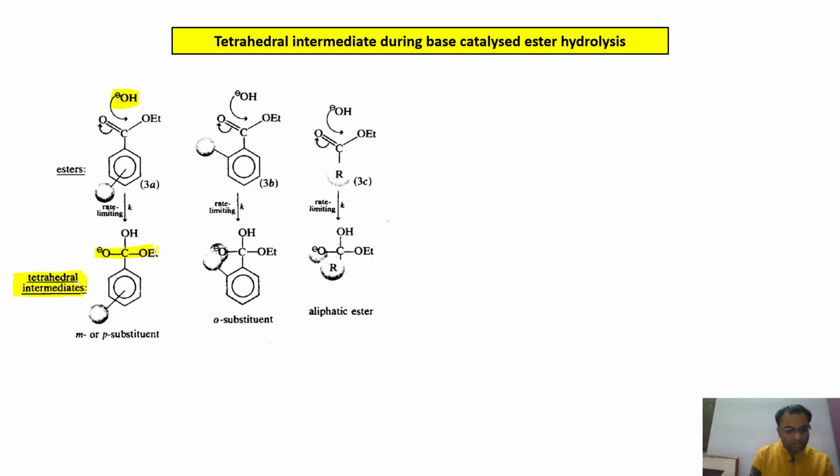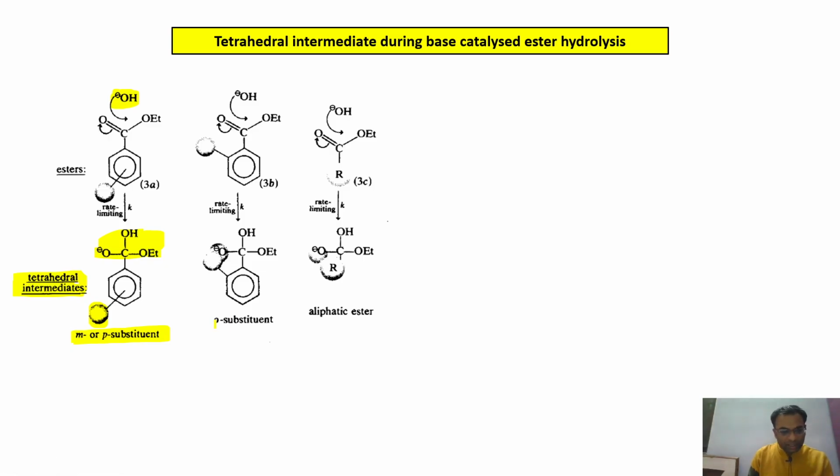When this tetrahedral intermediate is formed, in the case of meta and para substituted benzoic acid derivatives, we can easily see that the meta or para substituent is far away from this tetrahedral intermediate.